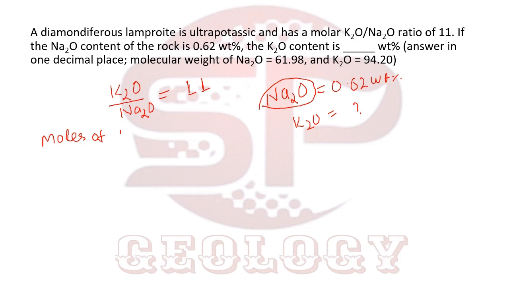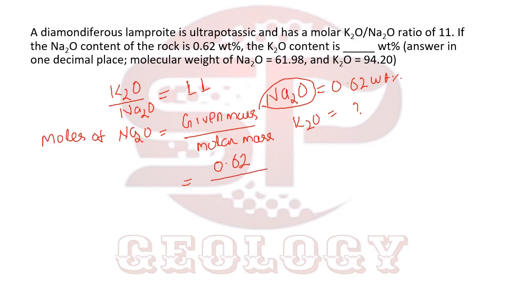Moles of Na2O is given mass divided by molar mass. The given mass is 0.62, divided by the molar mass. Na2O has a molar mass of 61.98.